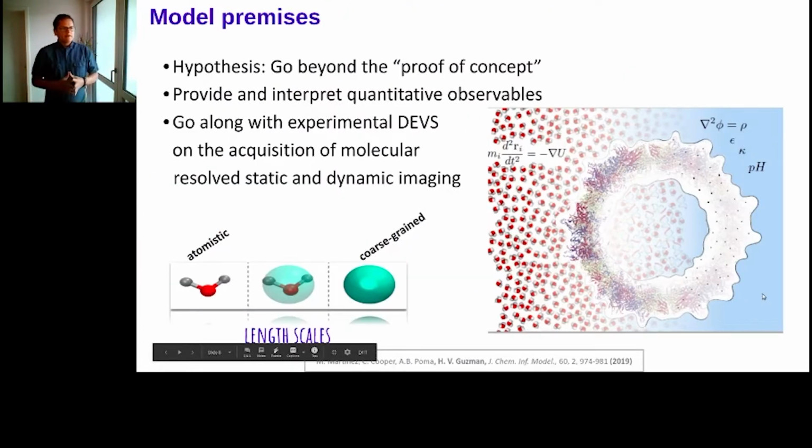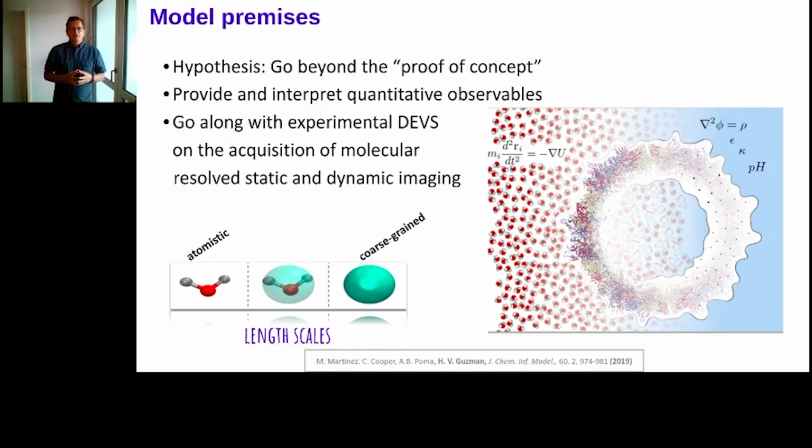The modeling premises are, of course, that we don't want to stay at a proof of concept basis. We want to go beyond the proof of concept. We would like to model the whole virus with all its detail, and also extrapolate or extrude some other details to a lower resolution, so that we are able to model them as a whole.